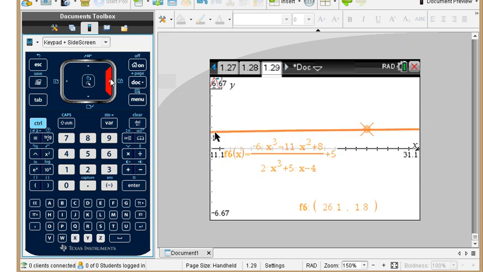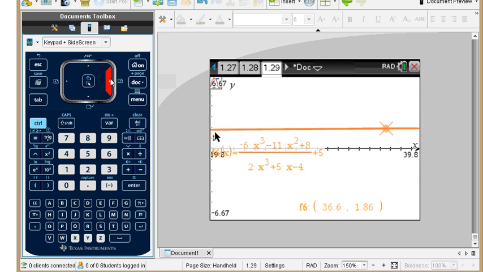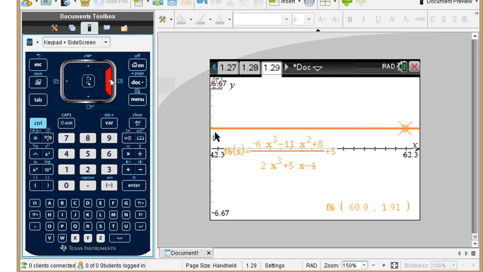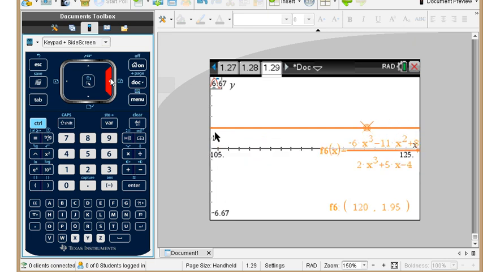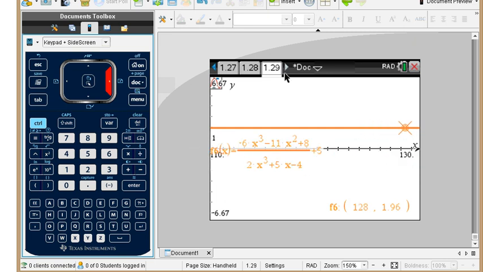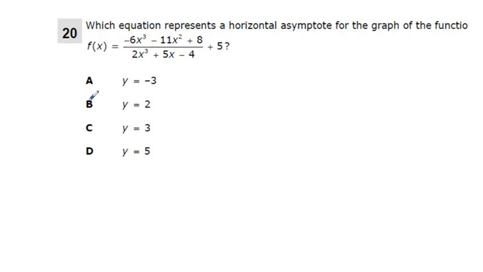We're at y equals just about 1.9. Now we're going up to 90, 100, and we're up to y equals 1.96, and so we're approaching 2. So y equals 2 is our correct answer.